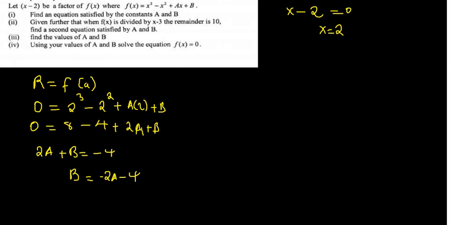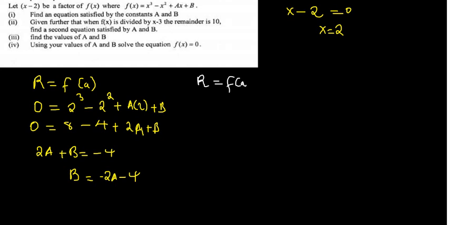And then part 2, given further that when f of x is divided by x minus 3, the remainder is 10. Find the second equation satisfied by a and b. We'll still use the remainder theorem. Remainder is f of a.